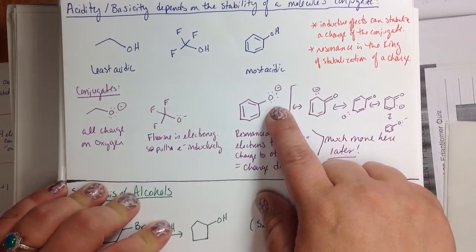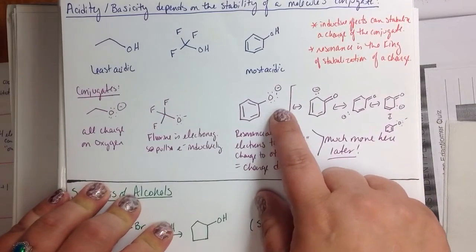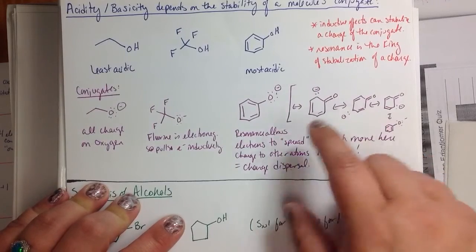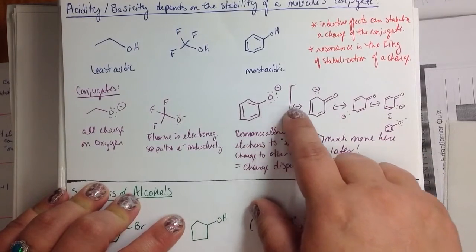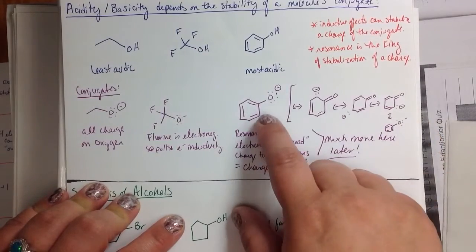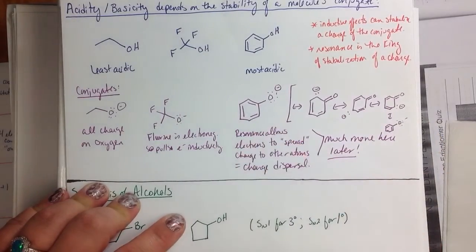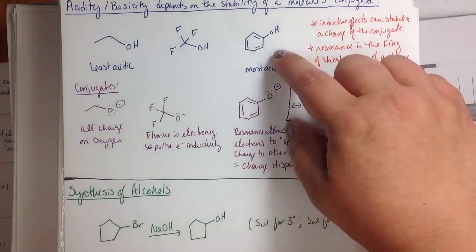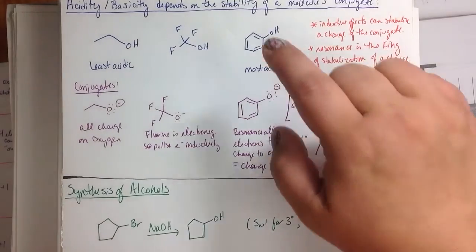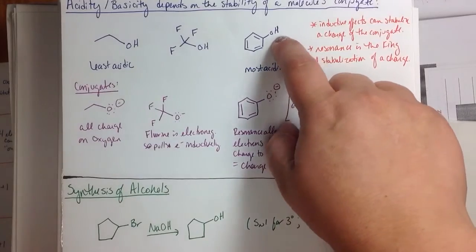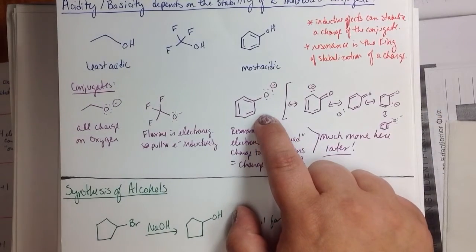And so we're going to talk about how to make these later, but if you can see that we can resonate or change where that negative charge is going to be located in multiple ways here, that's the reason why this guy is so much better at taking that negative charge. And therefore, that's why this hydrogen is the easiest to lose. So this hydrogen will be lost most easily because its conjugate base is most stable in holding that negative charge.